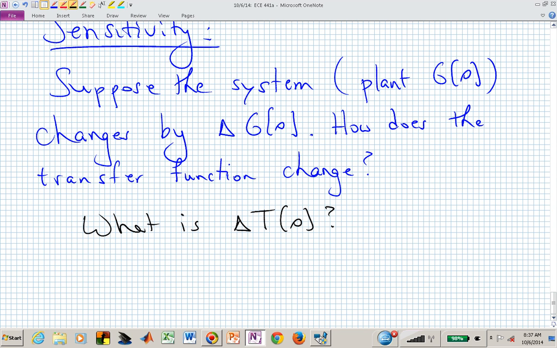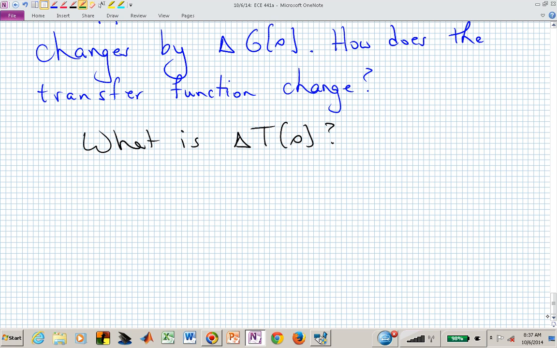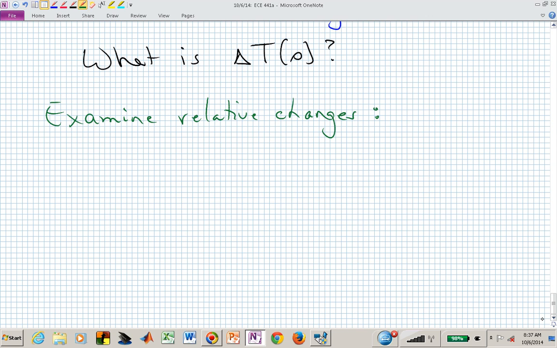To do this, to really be consistent in analyzing changes, we really want to look at relative changes. Let's now examine relative changes in our plant and what those then result in relative changes in our transfer function. Meaning, here's the change in our transfer function, but we want that to be relative to the transfer function itself. So let's then normalize that by the transfer function T.